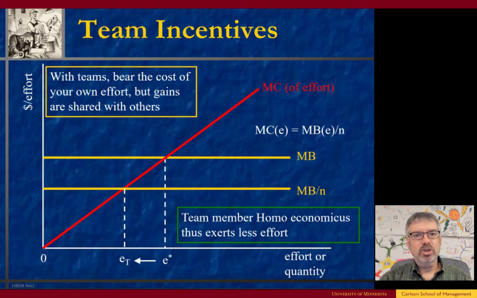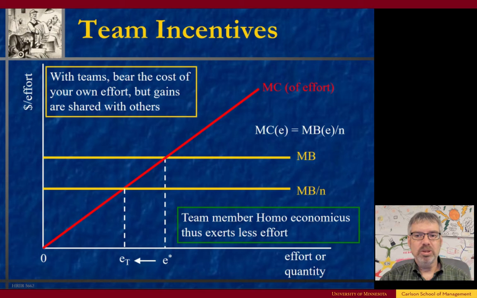And again, that's pretty extreme, but the bigger point here is that if an economically oriented worker has some concern that the teammates aren't going to exert their full level of effort equal to what they would have as individuals, then I'm only going to receive part of my marginal benefit back because, again, my marginal benefit is being shared with others, but they're not working as hard as I am, so I'm not getting the same share of their benefit in return.